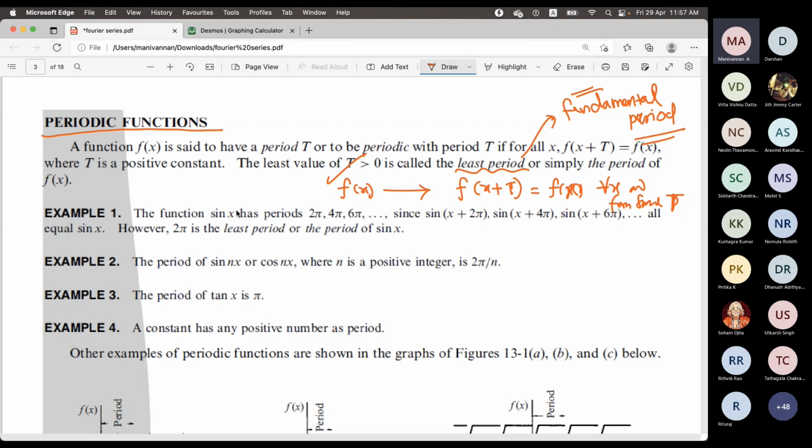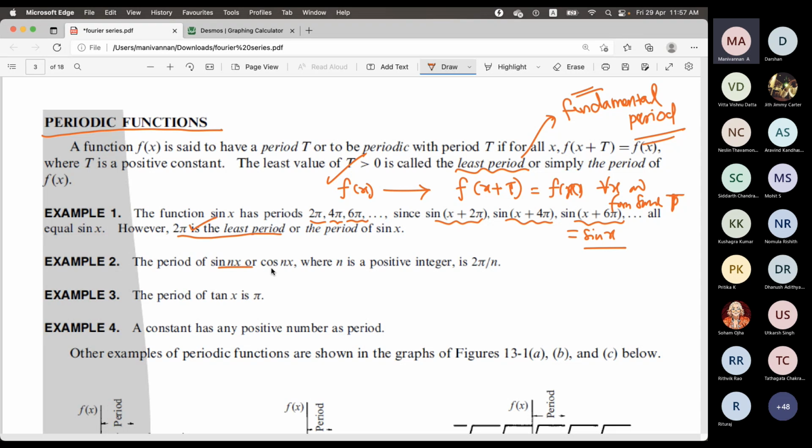So sin x has 2 pi, 4 pi, 6 pi as periods, because sin of x plus 2 pi or x plus 4 pi will be the same as sin x. So the least period, the fundamental period, is 2 pi only.